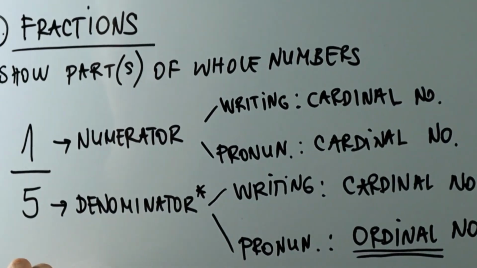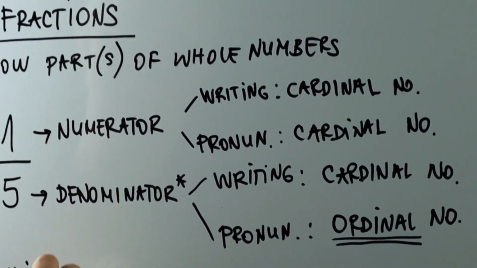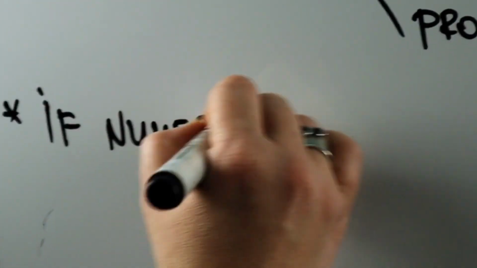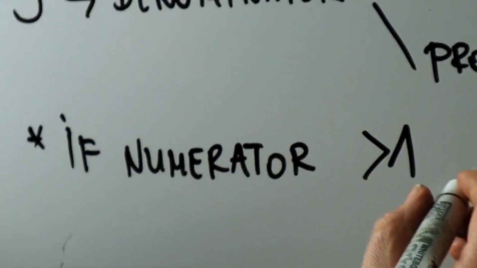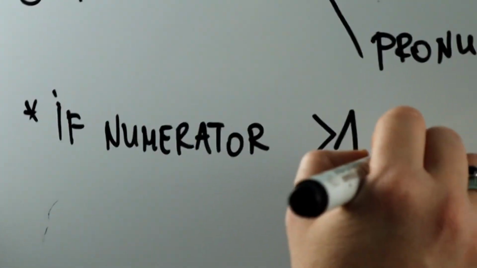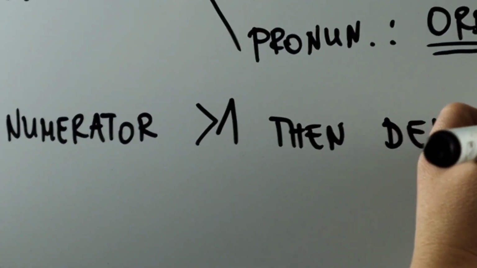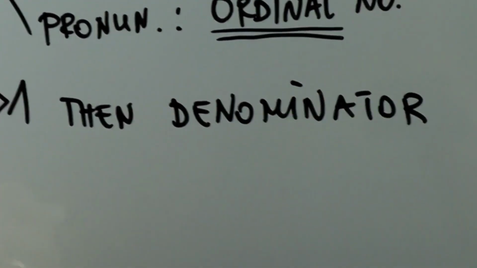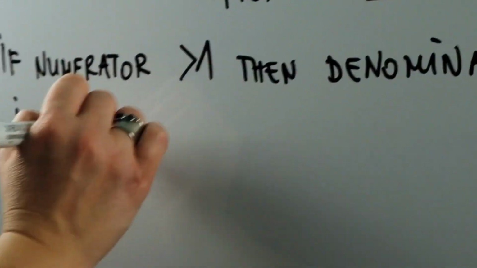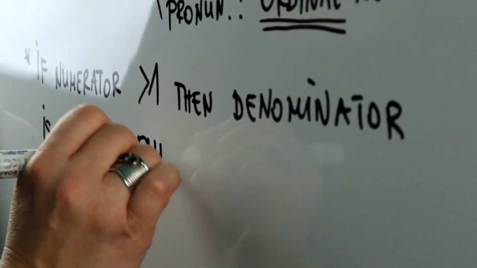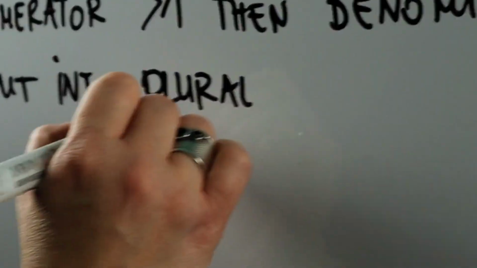Be careful. Those ordinal numbers which are used as denominators can have plurals. And whether it's a singular or plural form of that ordinal number depends on which cardinal number is used as a numerator.